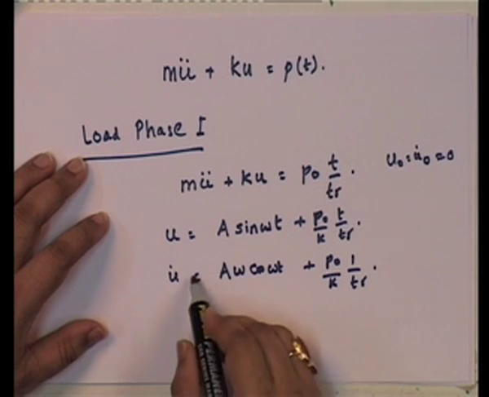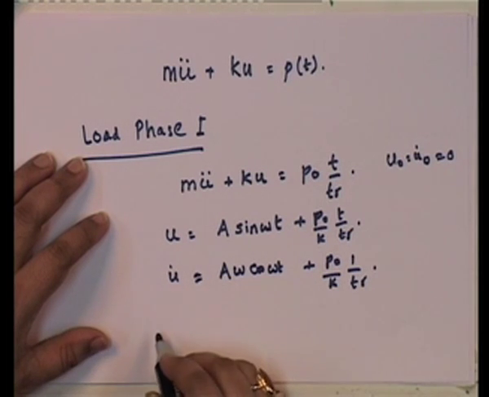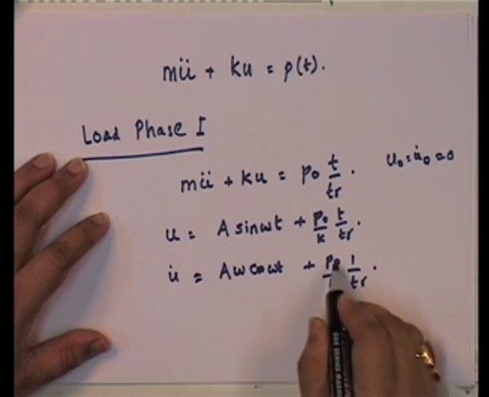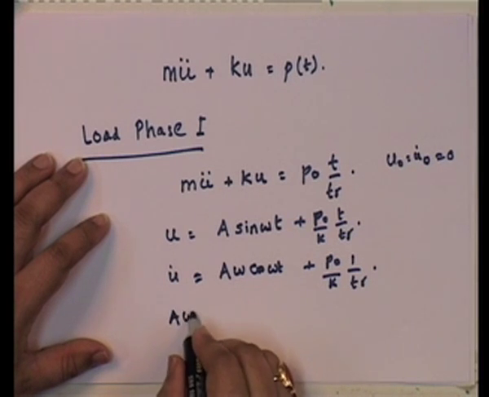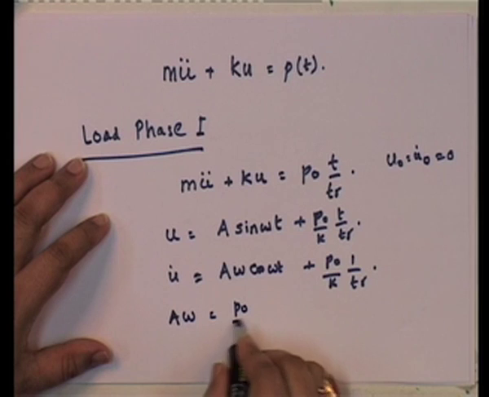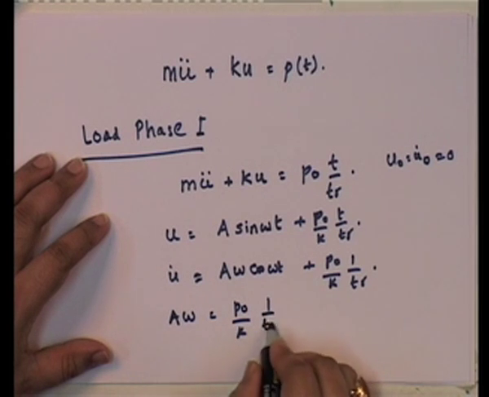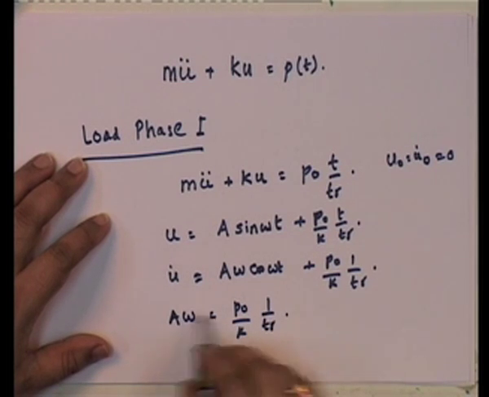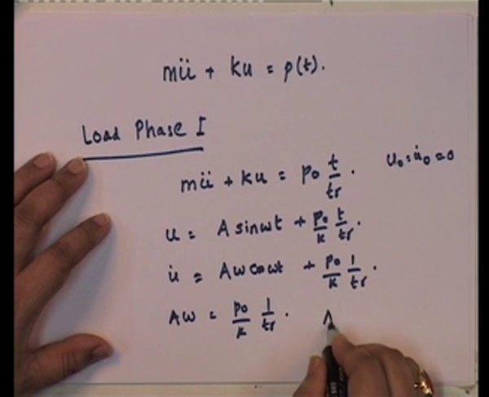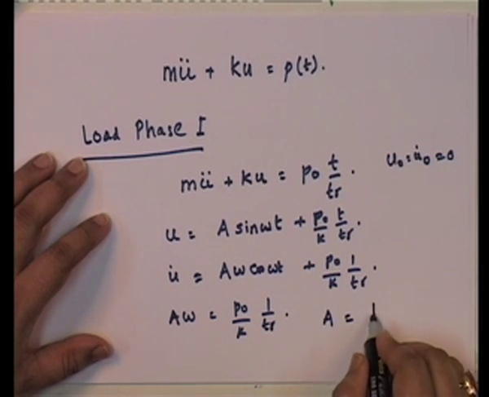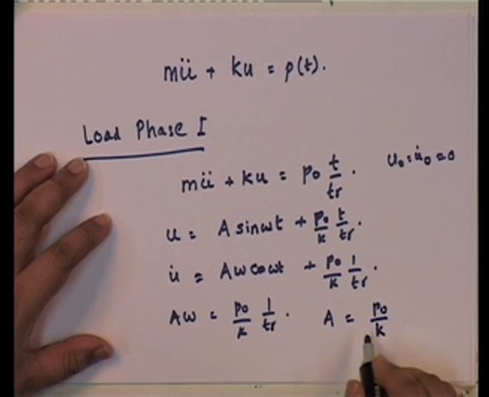Essentially what happens over here is that A omega is equal to P naught upon k into 1 upon T r, and so A becomes P naught upon omega k T r. Omega is 2 pi upon T. So, basically A becomes P naught by k, and what do you have?